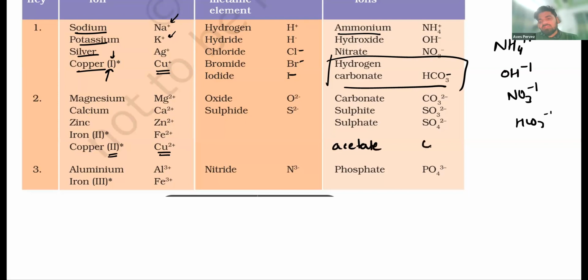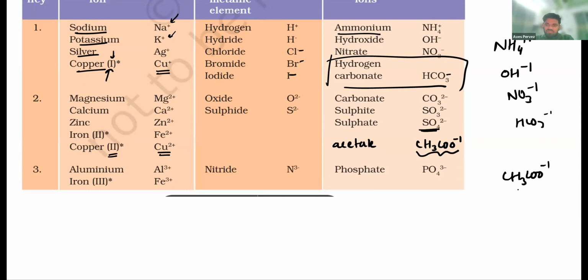Acetate ion is CH3COO minus 1. Note it down. This is taken as a whole, like SO4. So this is acetate.